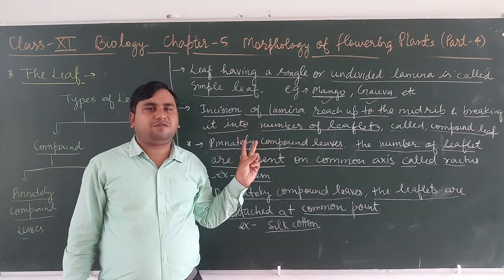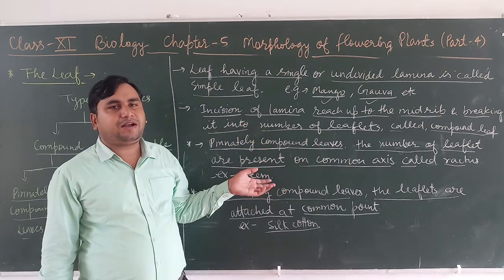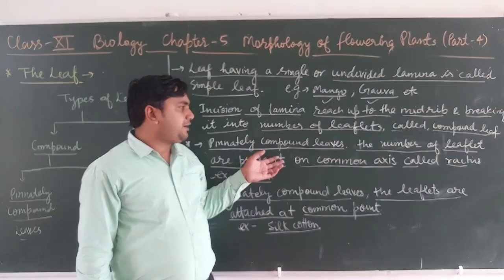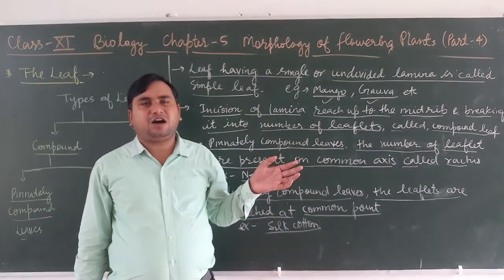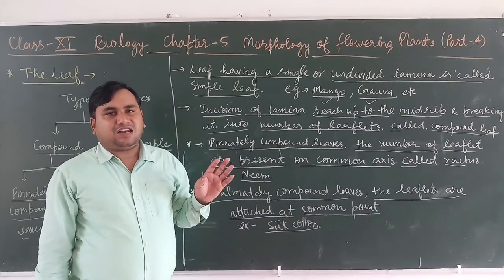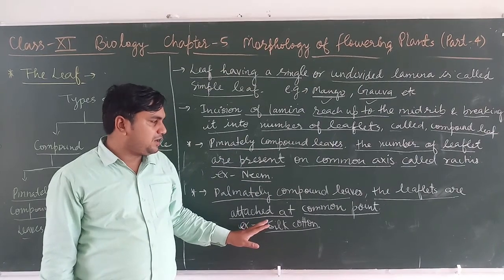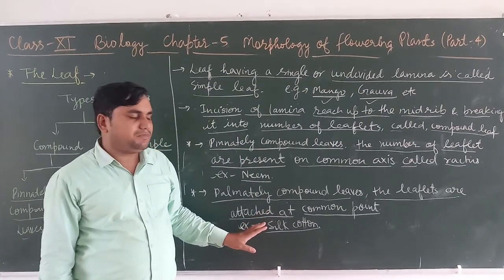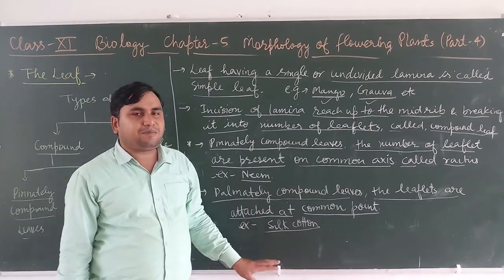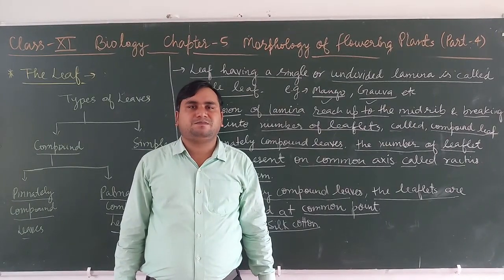They are two types. First one is the pinnately compound leaf, second one is the palmately compound leaf. In the pinnately compound, the number of leaflets are present on a common axis, that is called rachis. For example, neem. And in the palmately compound leaf, the leaflets are attached at a common point. For example, silk cotton.